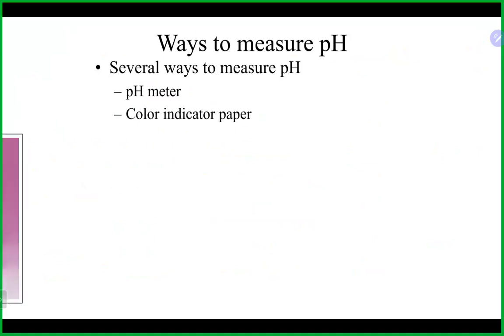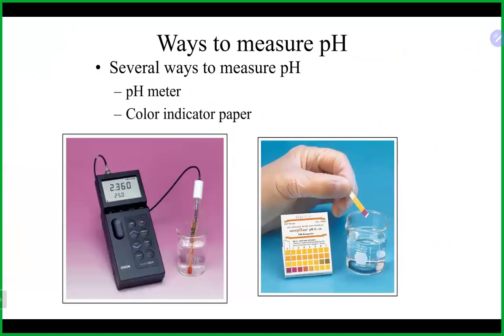As we talked about a little bit last time as well, there are a couple ways that you can measure the pH of a solution. As I mentioned before, a pH meter is an electrode like this, with a little glass bulb at the bottom. You put it in there and it essentially measures how many H plus ions are floating around in that solution.